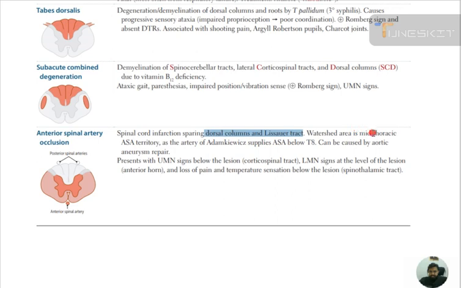Watershed area is the mid-thoracic anterior spinal artery territory, as the artery of Adamkiewicz supplies the anterior spinal artery below T8.